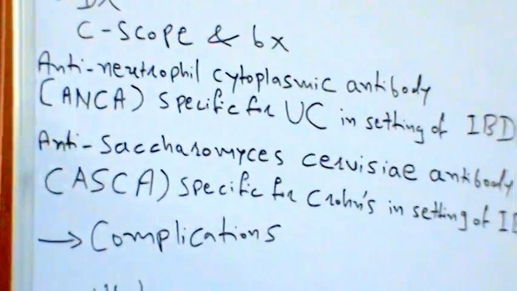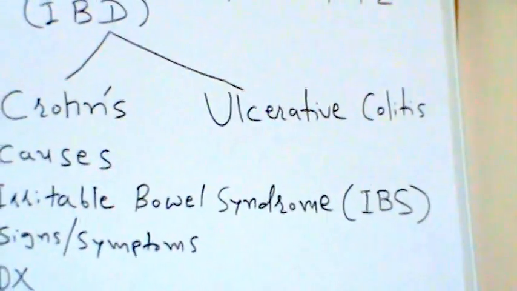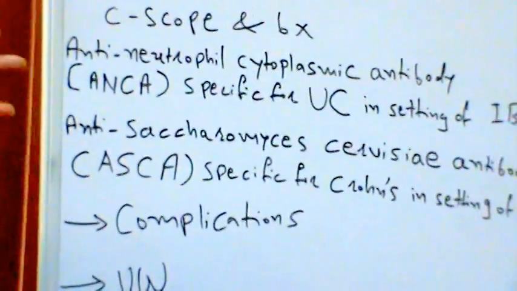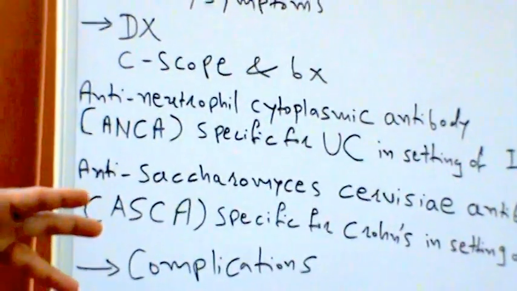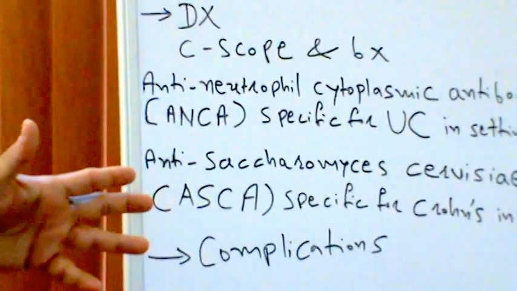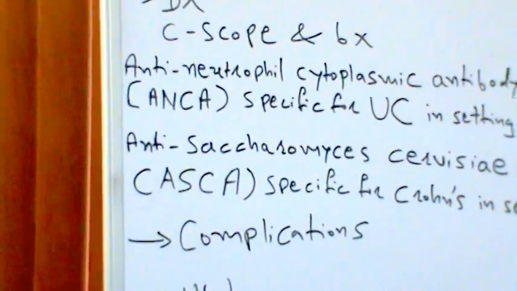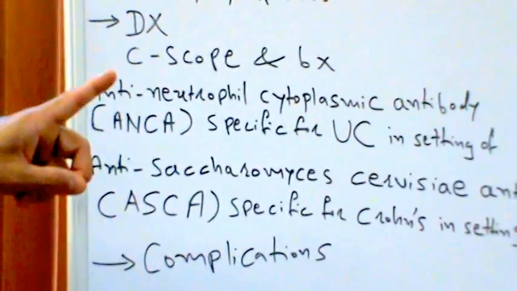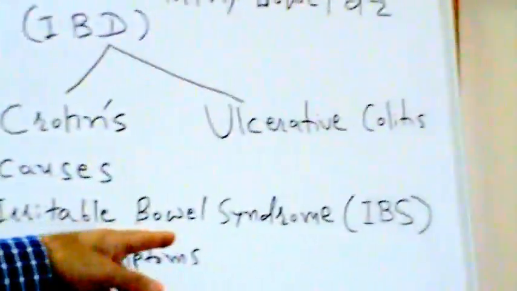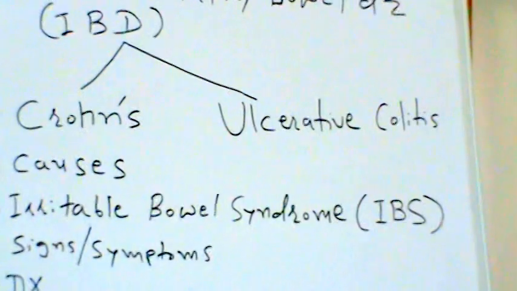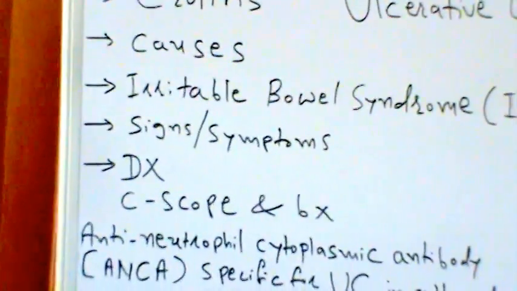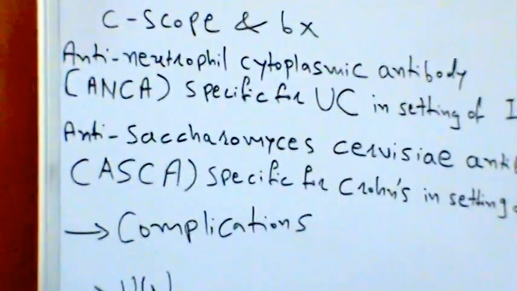Whereas in ulcerative colitis, it includes bleeding, perforation of the colon, toxic megacolon, post-surgical pouchitis, and of course cancer as well. Extraintestinal complications for both Crohn's disease and ulcerative colitis include arthritis of joints, hepatitis, cirrhosis, just to name a few.